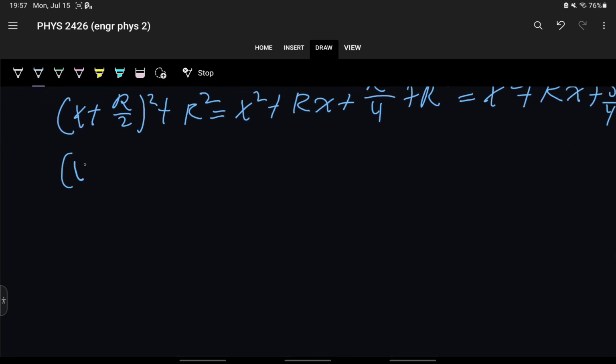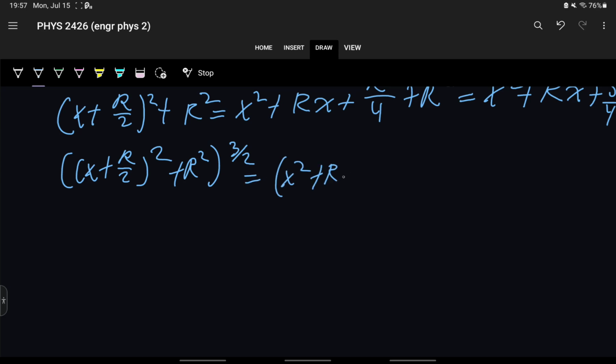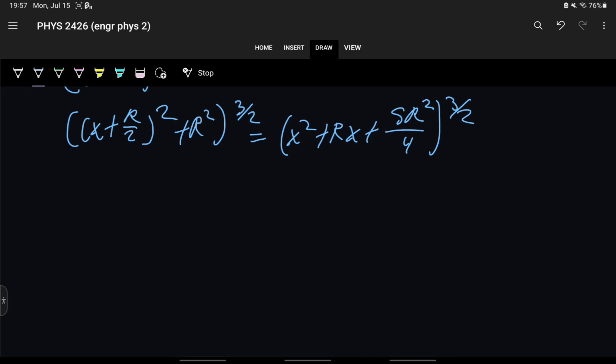And so now x plus r over 2 squared plus r squared to the 3 halves is equal to x squared plus r times x plus 5r squared, all divided by 4, to the 3 halves. And for small x, we can use the binomial series expansion. Let's write this out.